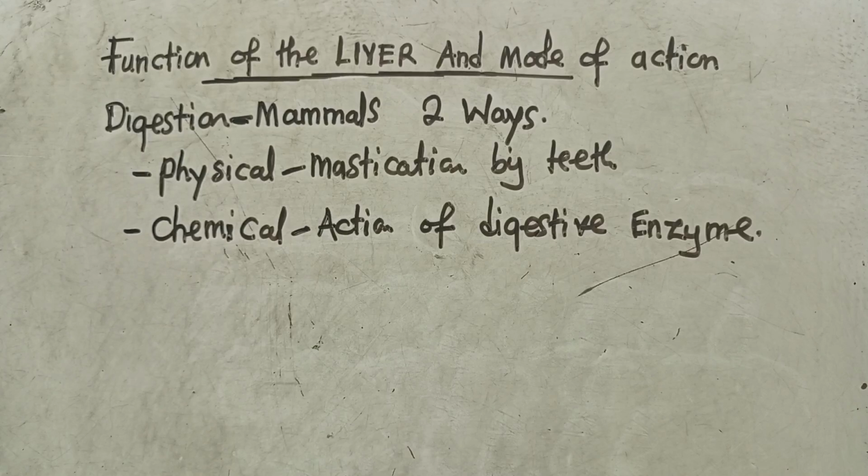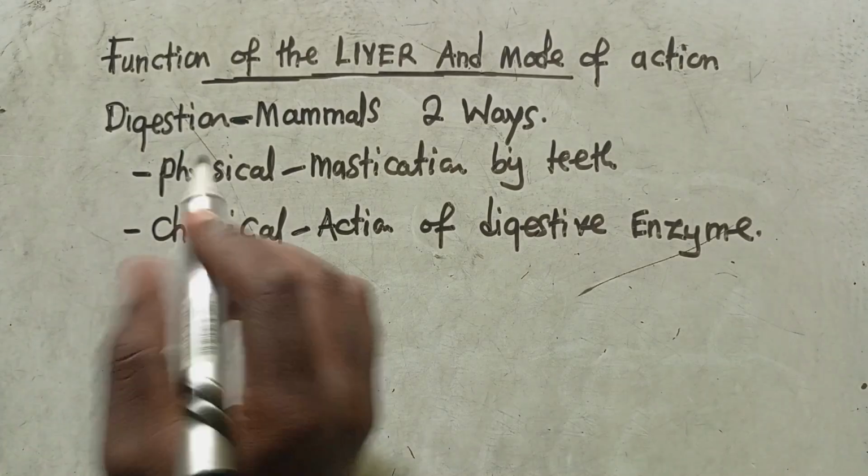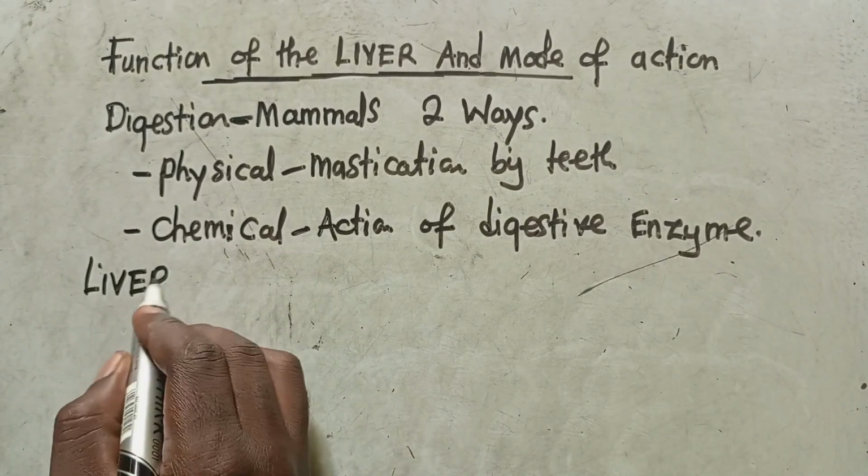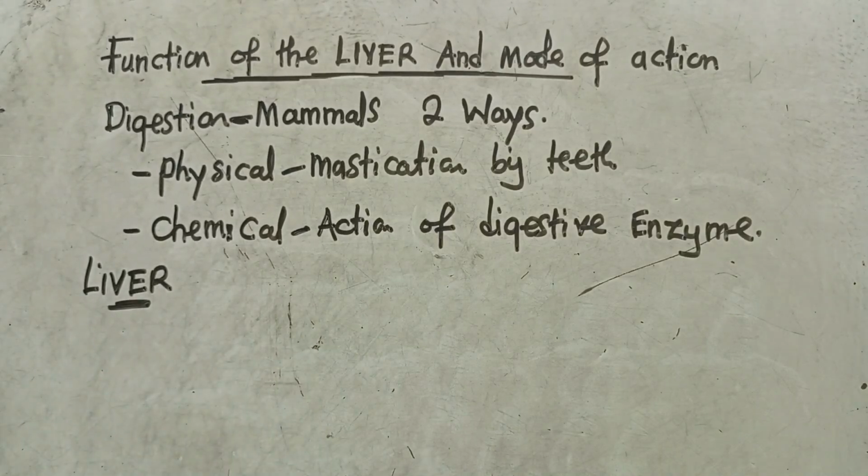Aside from knowing this, let us now go to the liver, the main thing that we are looking at in this particular lesson. I guess we are moving together, revising these things together.